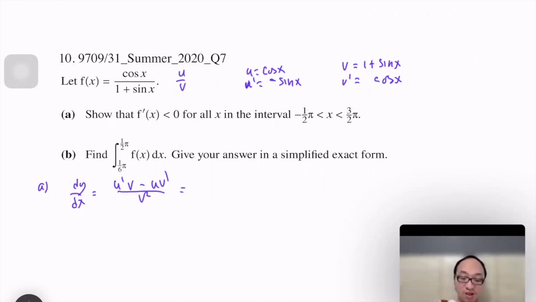So u prime, negative sin x, times (1 plus sin x), minus u v prime, cos x times cos x, which is cos² x, divided by v squared, (1 plus sin x) squared.